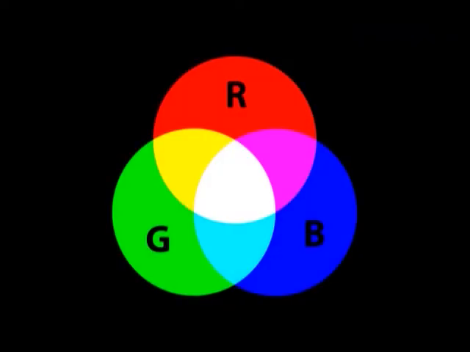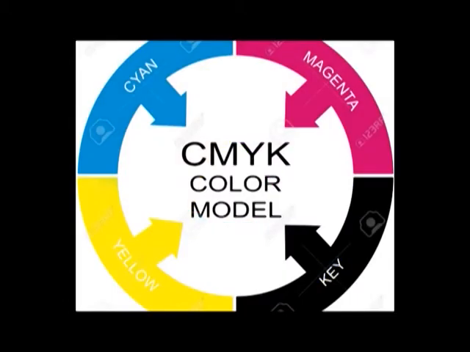Now, modeling color spaces. A color model is an abstract mathematical model describing the way colors can be represented as a tuple of numbers, typically as 3 or 4 values or color components, e.g. RGB and CMYK are color models.